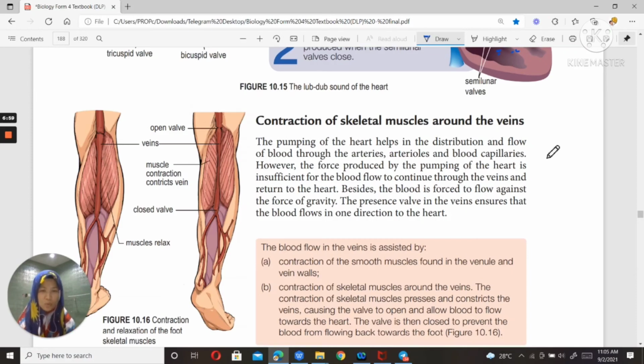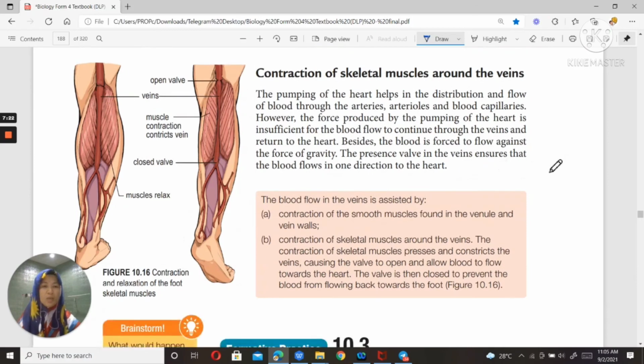Okay, so this one is a major problem actually, terutama bagi orang tua kalau ada masalah pada kaki. Kadang-kadang duduk lama pun rasa sakit just because of a blood clot formed around the area of the vein, which is called thrombosis. Okay, so now look at this one. The blood will return to your heart against gravity.